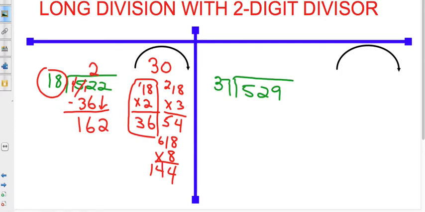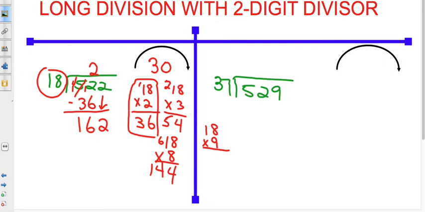I have 144. Okay, if I were to add another 18 to that and go to 18 times 9, I might get a little bit closer to my 162.